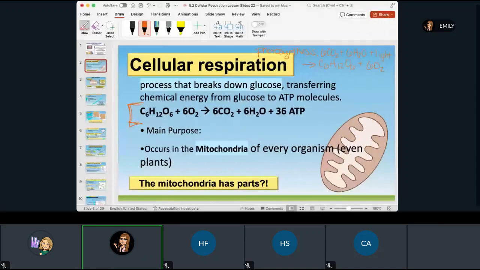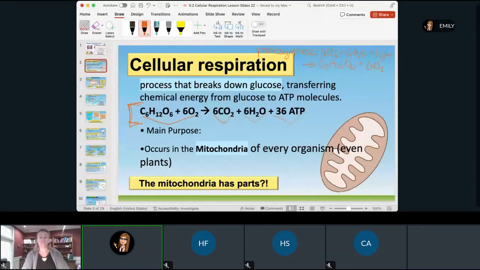Now we have glucose and oxygen that go into my equation. Those are my ingredients, those are my inputs. And then we're making carbon dioxide, water, and energy in the form of ATP. I told you guys that this equation was going to be super important, and this is why: they're just inverses of each other.